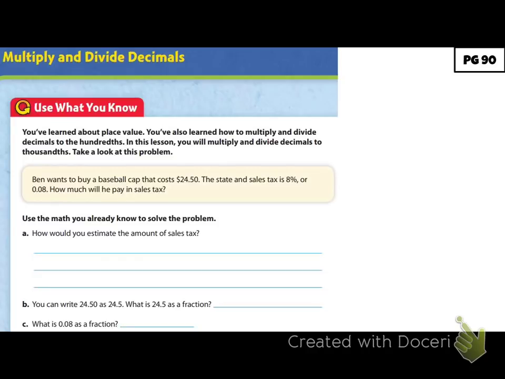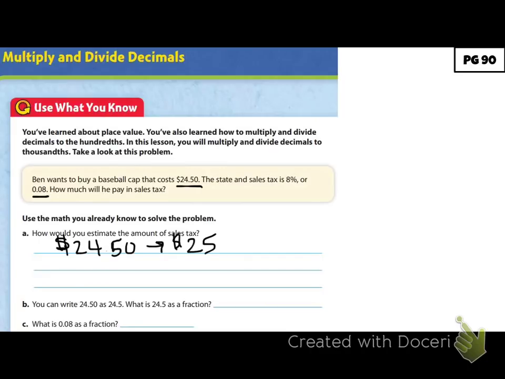So if we were to round, we're going to take our $24.50 and our 8%, which is 8/100, and we're going to round those. So $24.50, we would round up to $25.